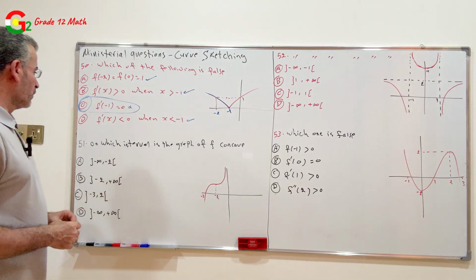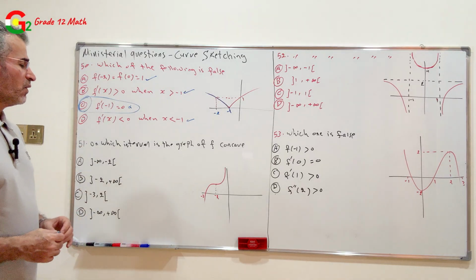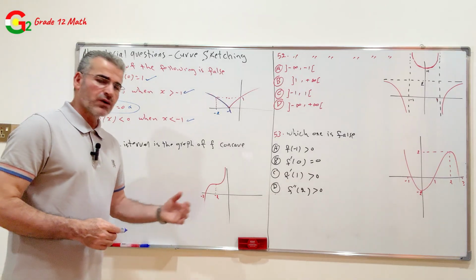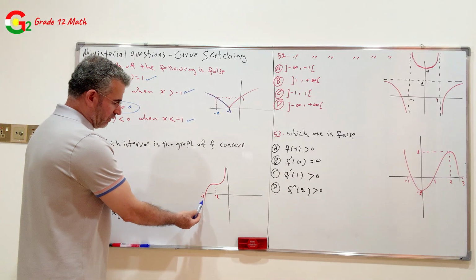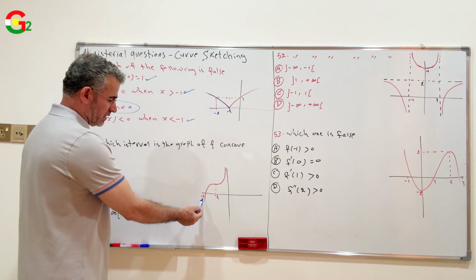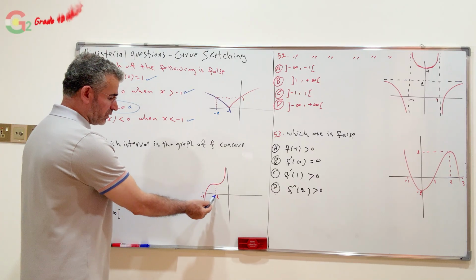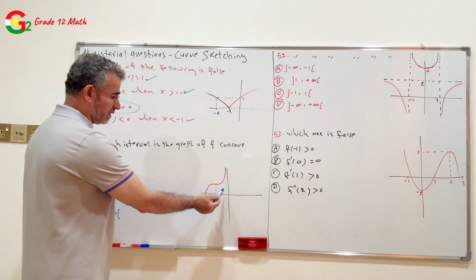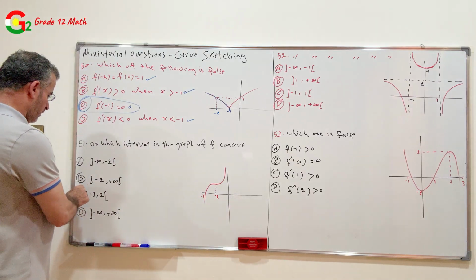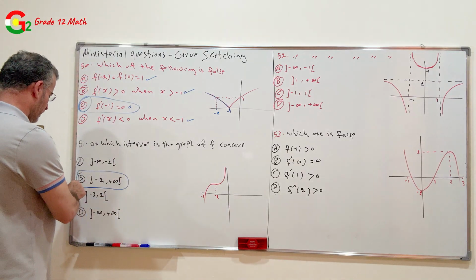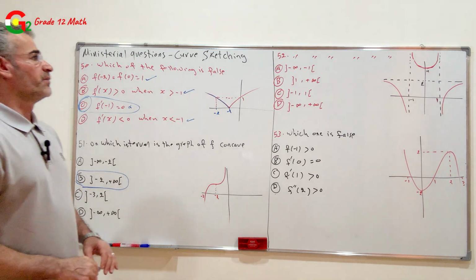Question number 51. On which interval is the graph of f concave? As we see, the graph of the function is convex from negative infinity to negative 2, concave from negative 2 to positive infinity. Therefore, negative 2 to positive infinity is the right choice.